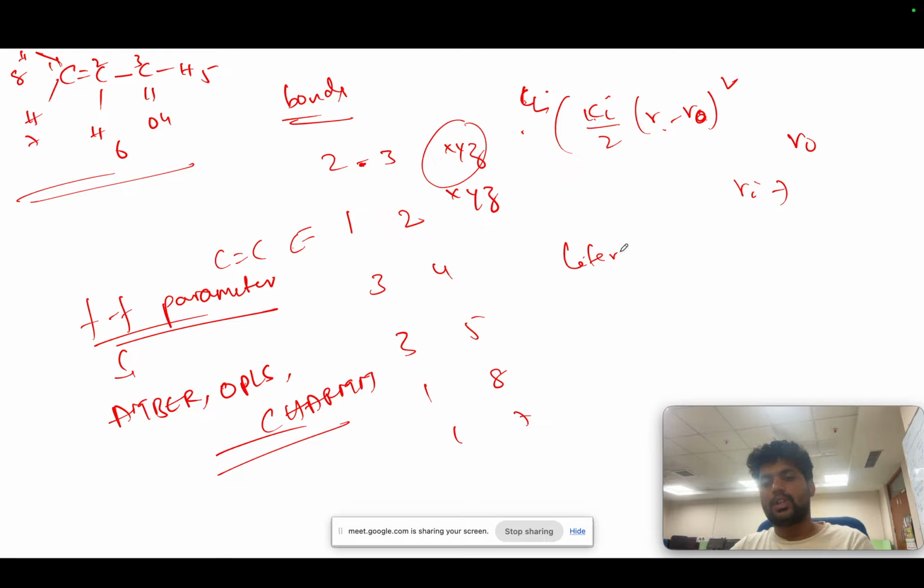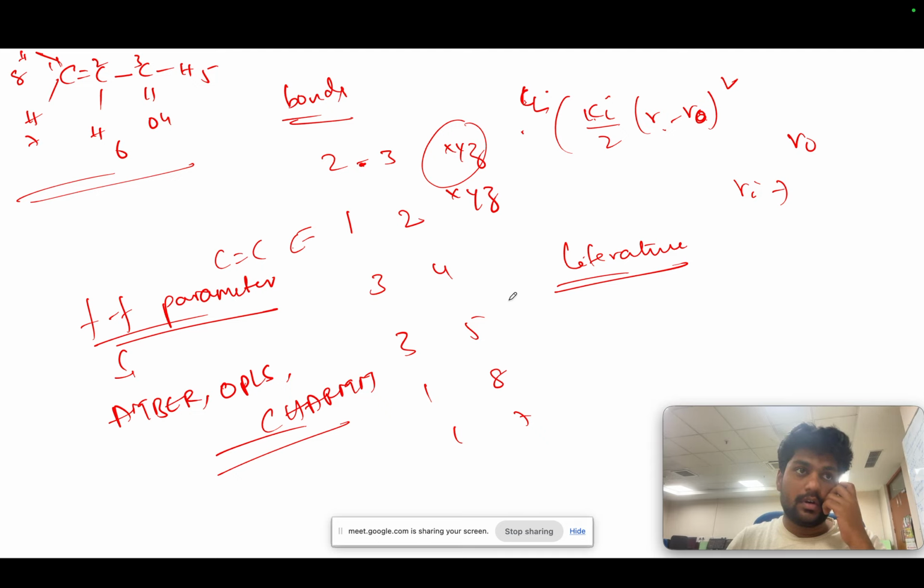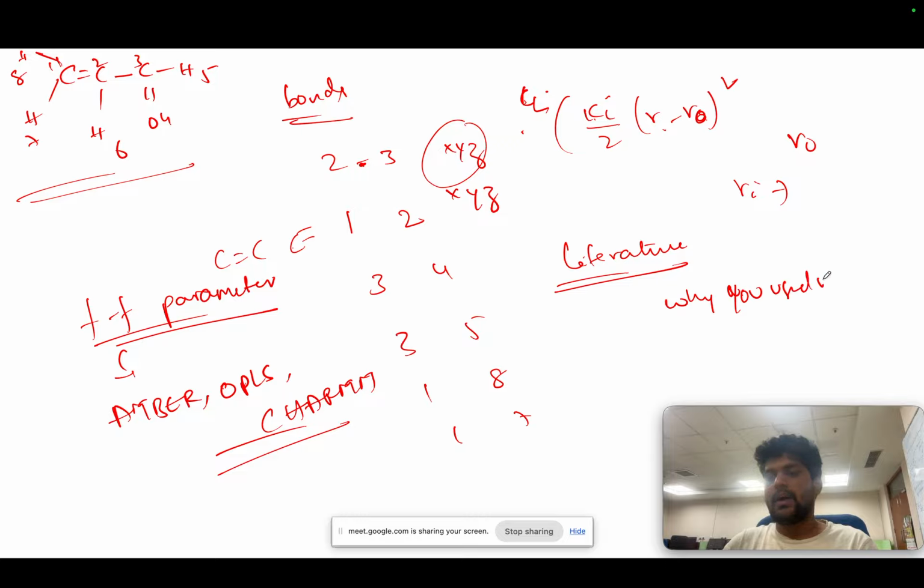You need to focus more on the literature if you are doing experiments. Suppose somebody asks in one of the papers, why did you use the Amber force field parameters? Because, say, in Amber, if I want to connect two atoms with a bond, it has a value of 1.3. The same value in CHARMM will be 1.313. In OPLS, it will be 1.292.